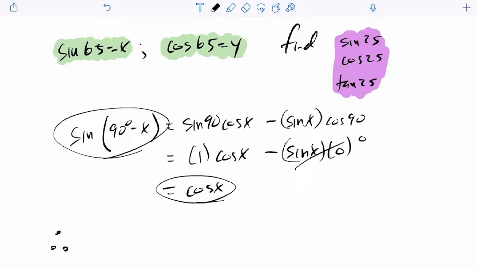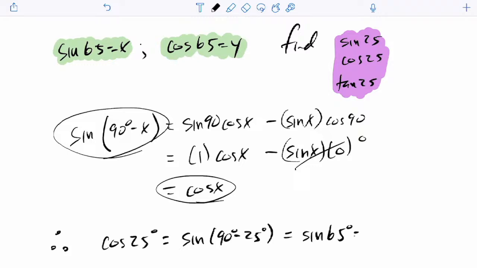Right, so therefore, I could do the cos of 25 degrees is going to equal the sine of 90 degrees minus 25 degrees, which is exactly equal to the sine of 65 degrees, which is exactly equal to x.